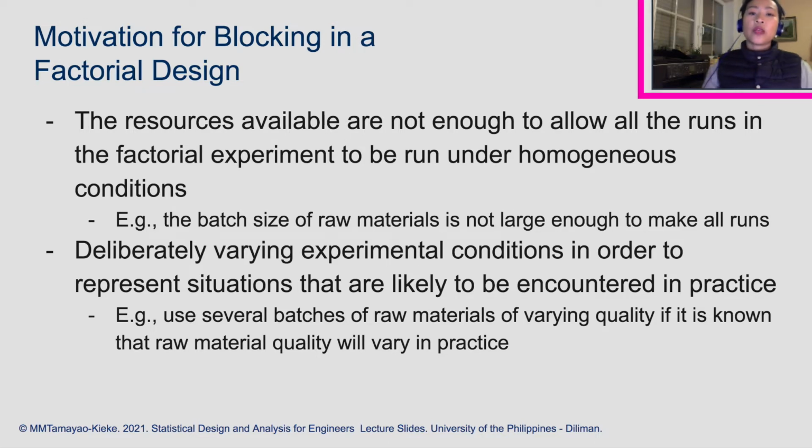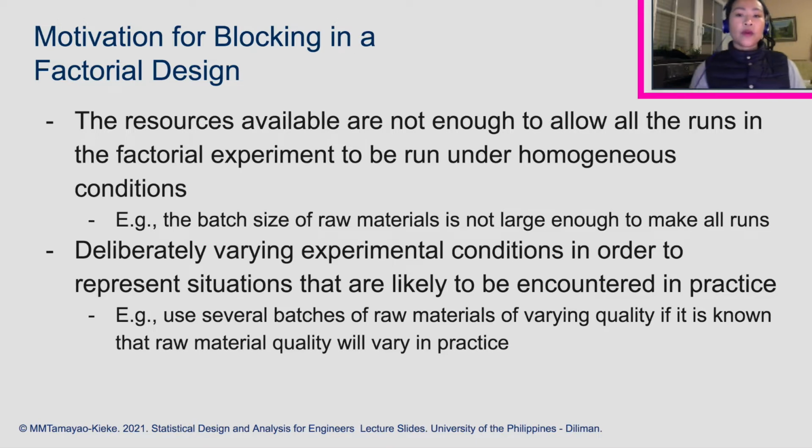The first one is when resources are not enough to allow all the runs in the factorial experiment to be run under homogeneous conditions. For example, when you have a batch size of raw materials that is not large enough to make all the runs in a replicate.